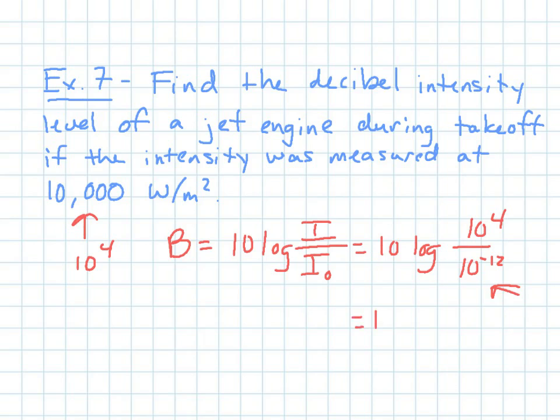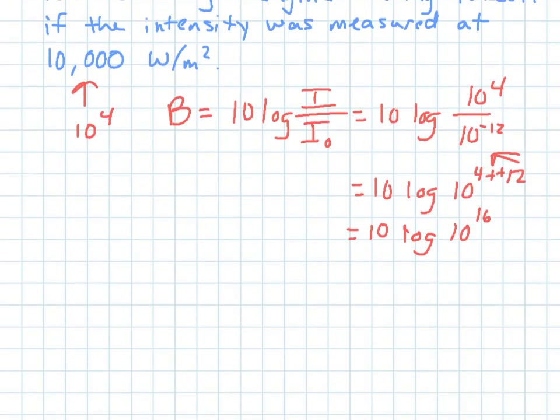So then I get 10 to the 4th minus a negative 12, which is a double negative, and that gives me 16. Another nice thing is that because they're all in bases of 10, just like ln of e goes away, here also log base 10 of 10 goes away.